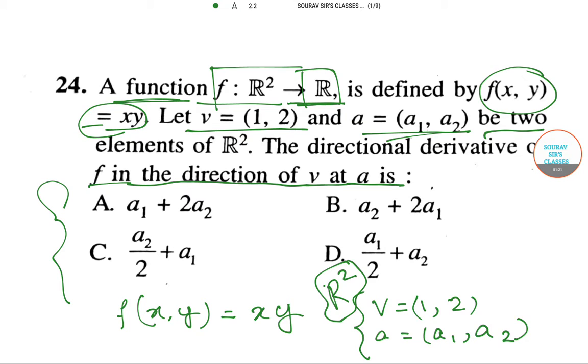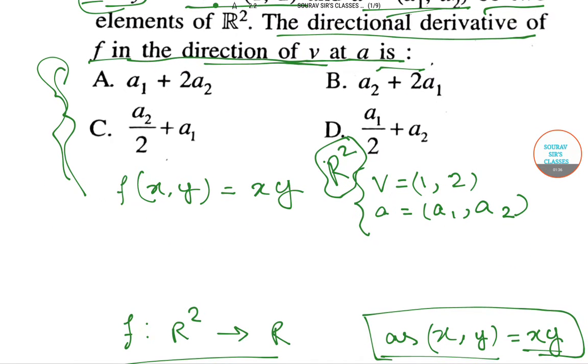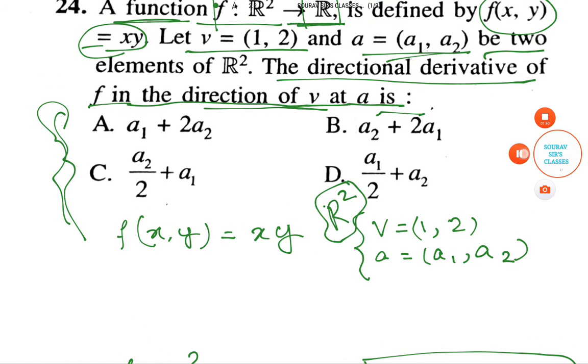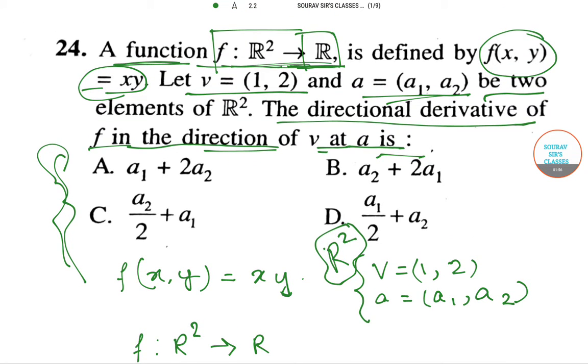I am just repeating myself for you. The directional derivative of f in the direction of v at a is which of the following? So if we just look into the thing first, then we can show that f is defined on R square, as we have in the question like this.